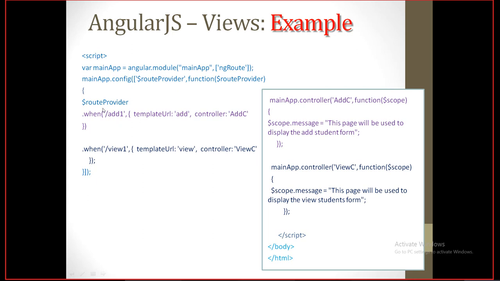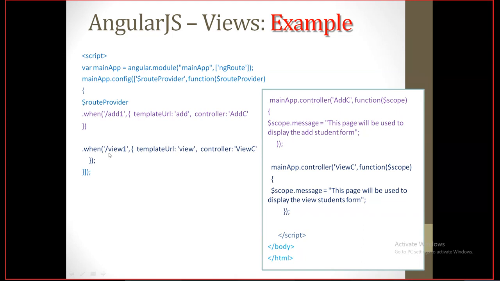So we want that function to get executed, and what is that function? We are going to navigate to the add page. So we are providing the URL, the templateUrl is add, I mean the ID which we have selected is add. Okay, and the controller is addC.